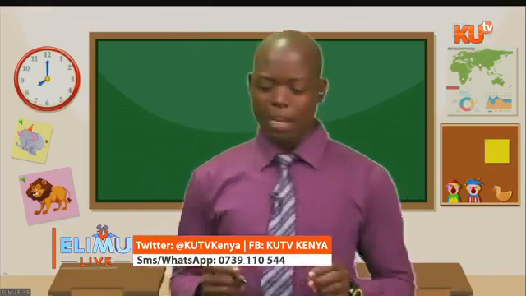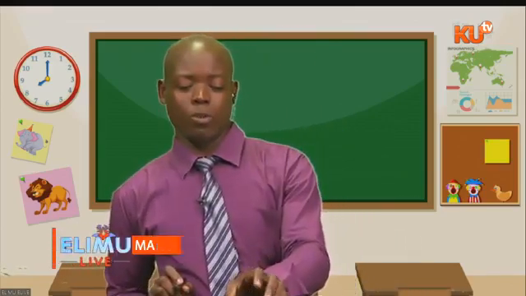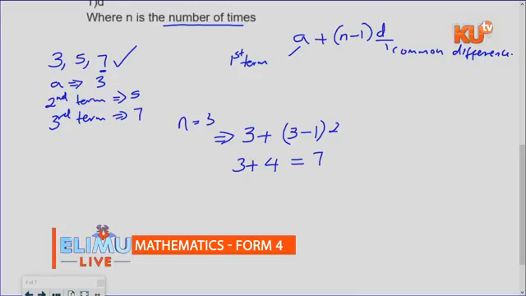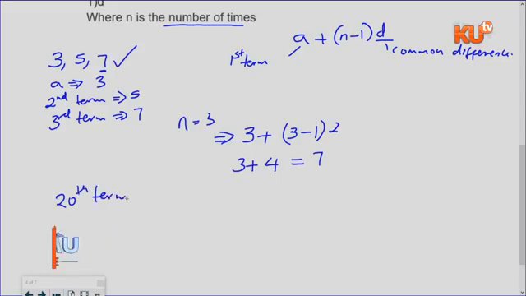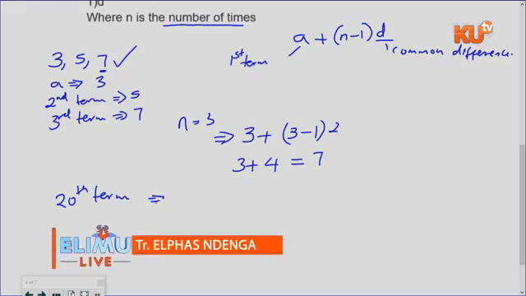Let's further look at what to do with this formula. If, for example, in the same sequence, you are to determine the 20th term, then n is equal to 20.